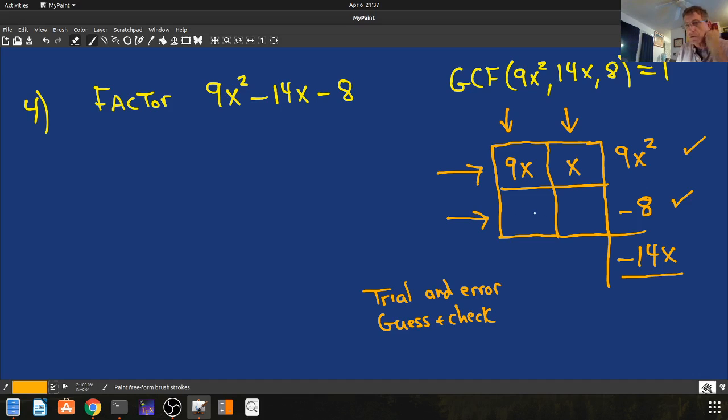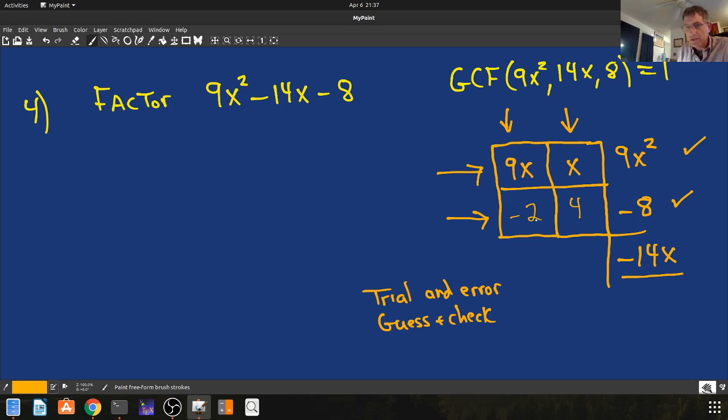So now I'm going to try minus 4 and 2. So that's going to give me minus 36x plus 2x. And that's not equal to minus 14x, so that's not going to work. Let's try something else. What happens if I try 2 and minus 4? Or maybe minus 2 and 4.